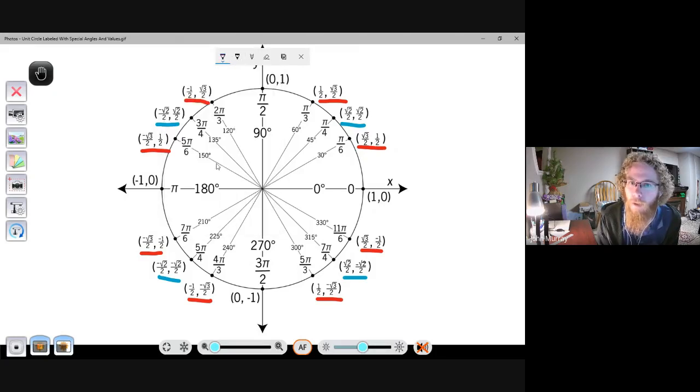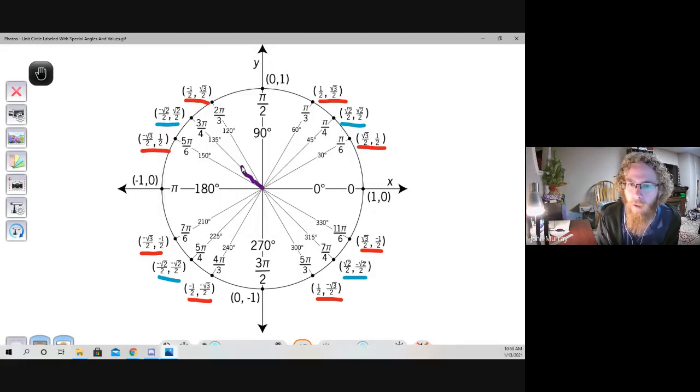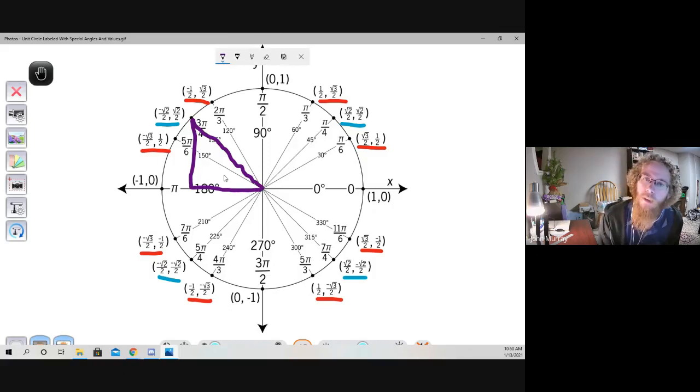If I'm looking at 135, well, that would be 90 plus 45, so I'd be able to set up a, make it purple. Oh, that's a really crappy line. This would be a 45-45-degree triangle, but flipped over on this side. Over here, the same thing. If I follow this 225, oh boy, that's just sloppy.